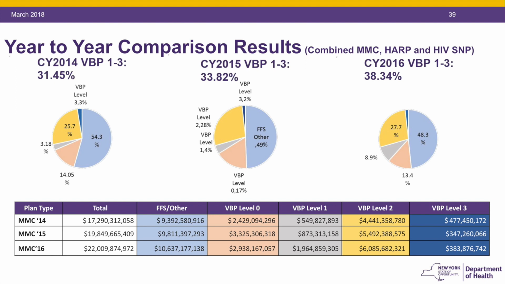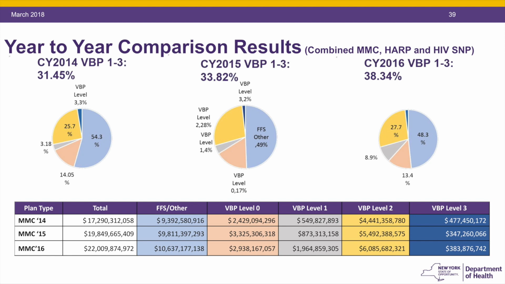So this is basically what happened over the 3 years that we've collected the data. Calendar year 2014 is base level, before we even started talking about value-based payment. But we don't want to be ignorant: folks were already doing value-based payment before we as a state started talking about it. So there was about 31% of payments to providers on some type of value rather than volume-driven metrics.